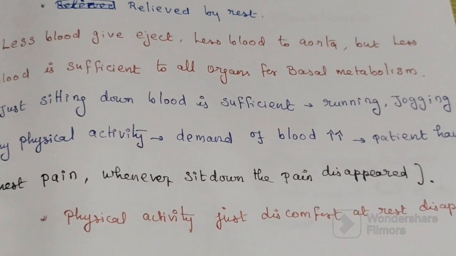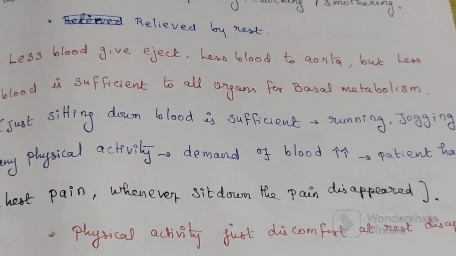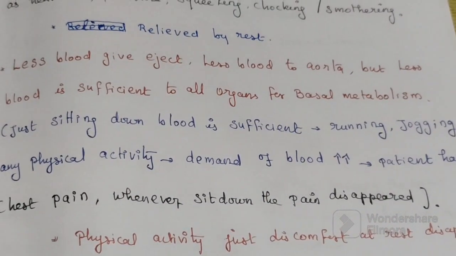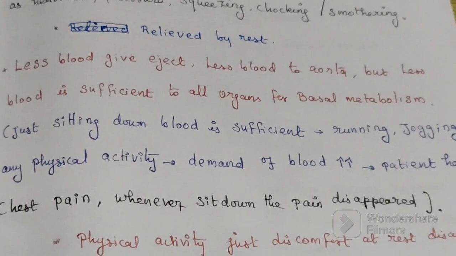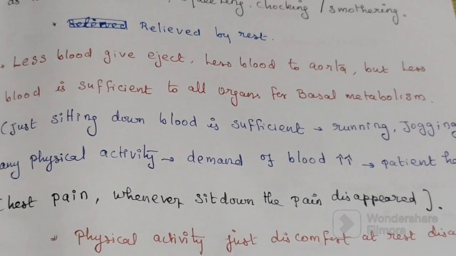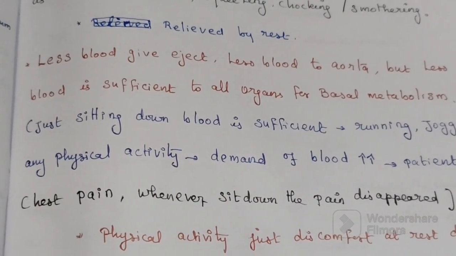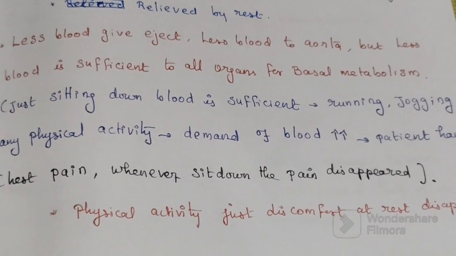During physical activity the body needs high blood, but at that time our heart cannot supply it, so the patient has pain. Whenever they sit down the pain disappears. It is classical angina.